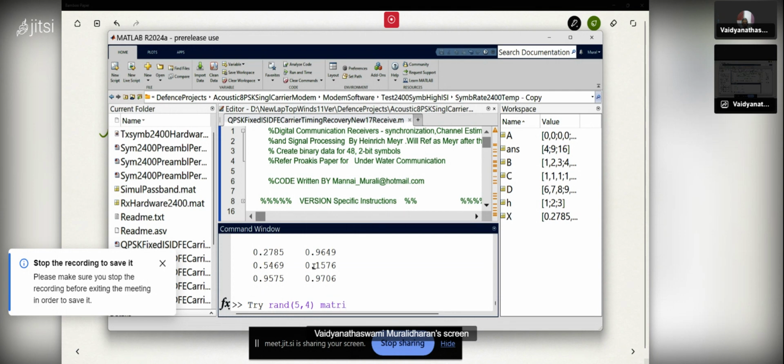You may enter x equal to rand 5 comma 4 and press enter. You will get a 5 by 4 matrix uniformly spaced between 0 and 1. We will see some more rand and other matrices in the next class.